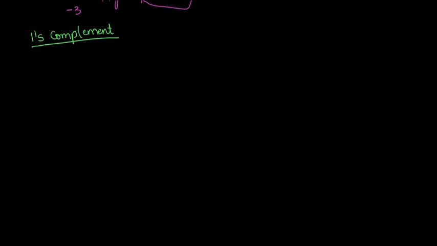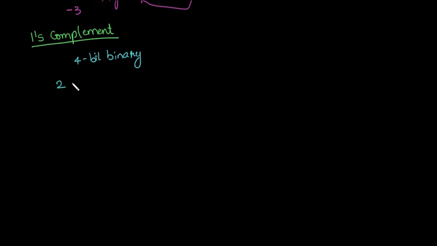In 1's complement numbers, suppose we have a 4-bit binary number, then how do we represent both positive and negative numbers?